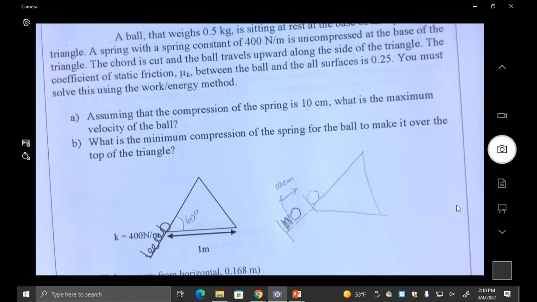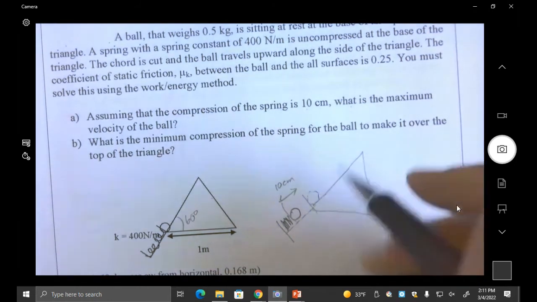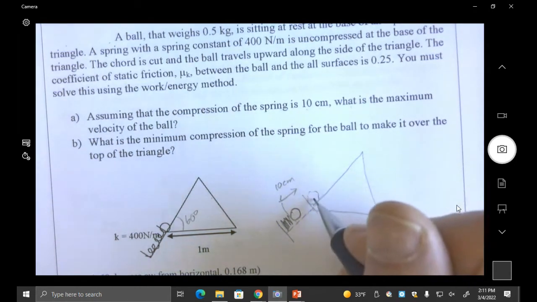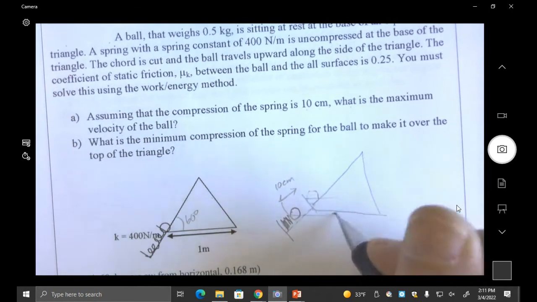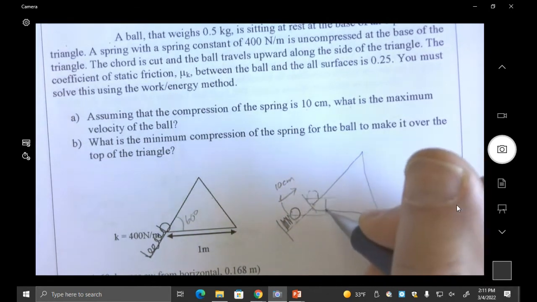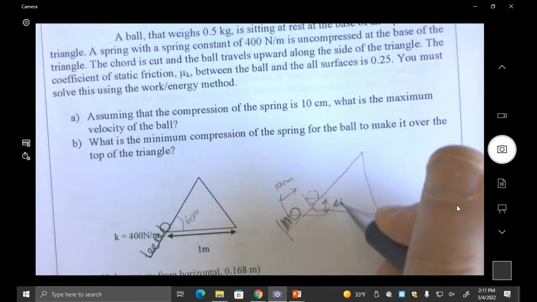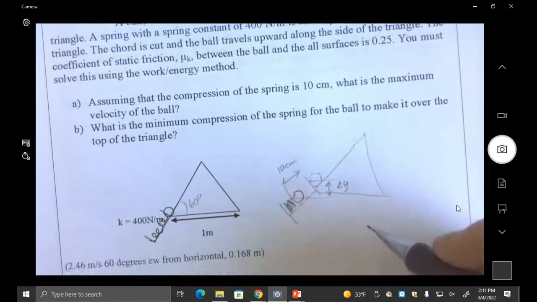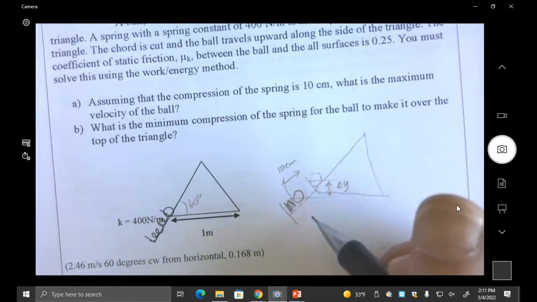So we don't have to use the unstretched length kind of thing that we did in many other problems with springs, in this particular scenario. So just going from here to here, this is going to be our delta y that's being experienced in part one, problem one.